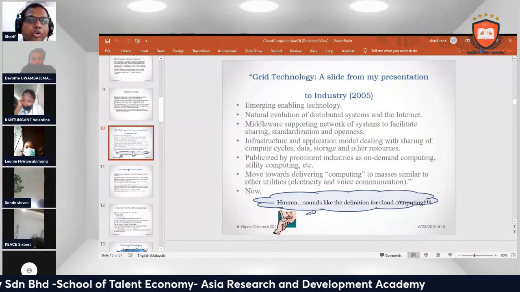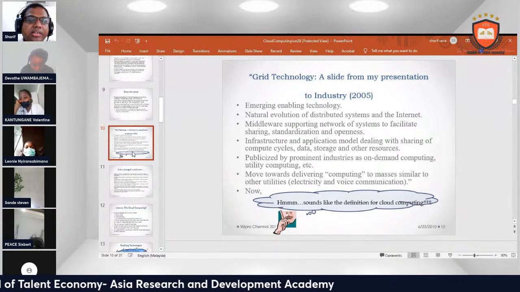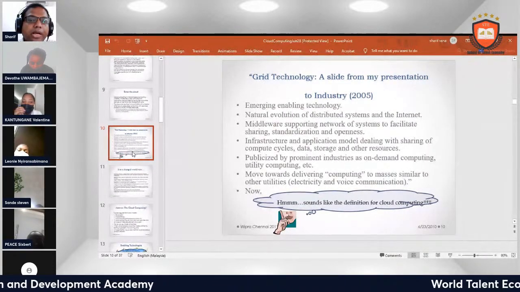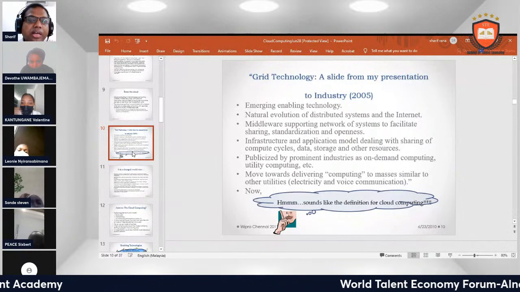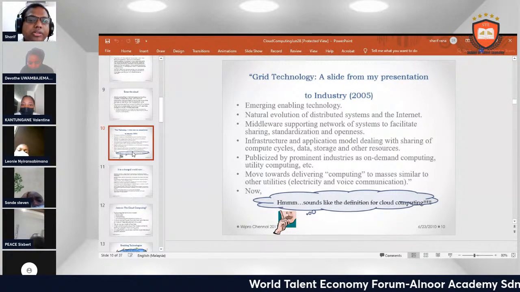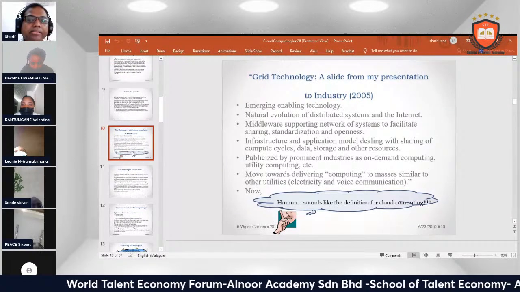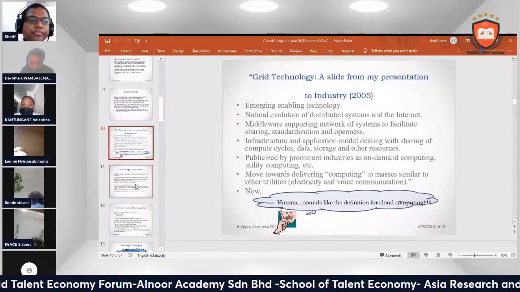Infrastructure and application model dealing with sharing of computer cycles, data, storage, and other resources. Published by prominent industries as on-demand computing, utility computing, etc. Move towards delivering computing to the masses, similar to other utilities.